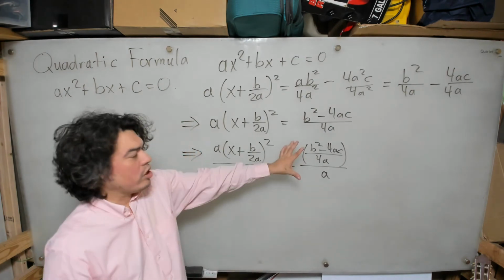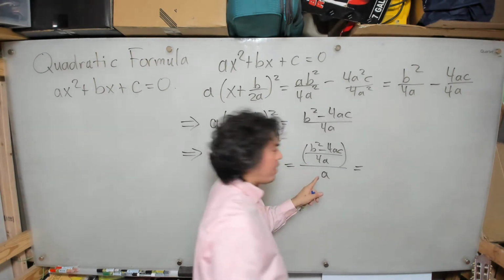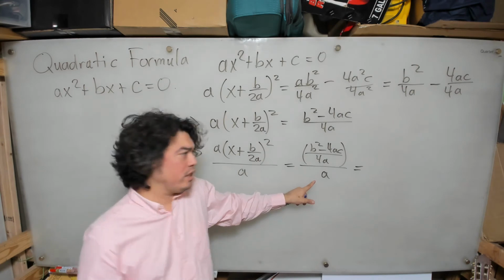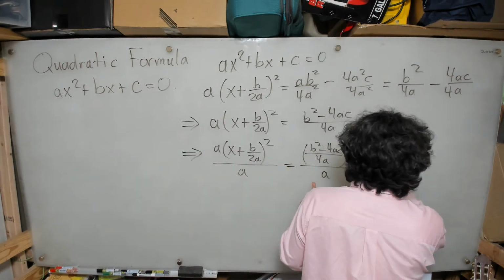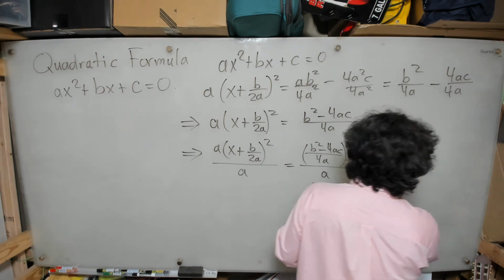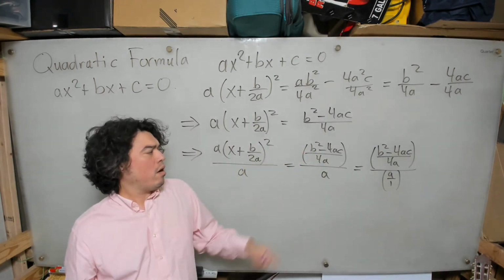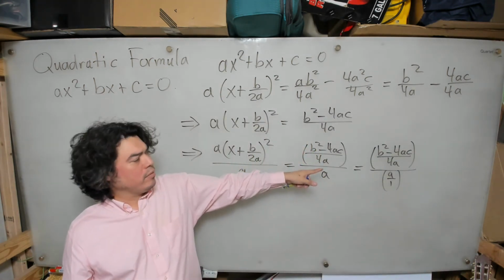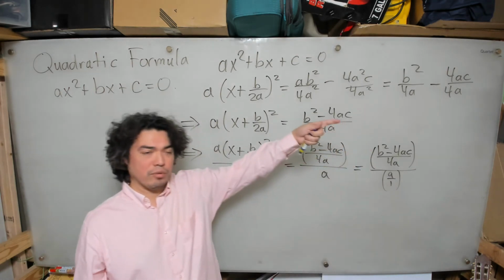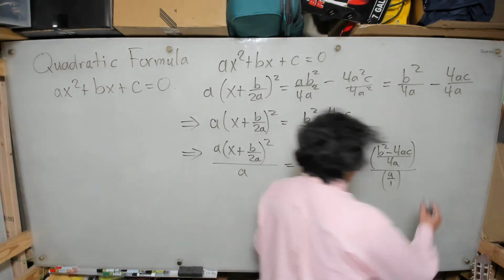So now let's work on this right hand side. I know that I can write a number a as a fraction by setting it as the numerator and 1 as the denominator. So I can rewrite this as b squared minus 4ac all over 4a divided by a over 1, like this. Now, when I look at this, I'm dividing by a fraction that is the same as multiplying by the reciprocal. So whenever I divide by a fraction, I multiply by the reciprocal. Okay, let's do that together.